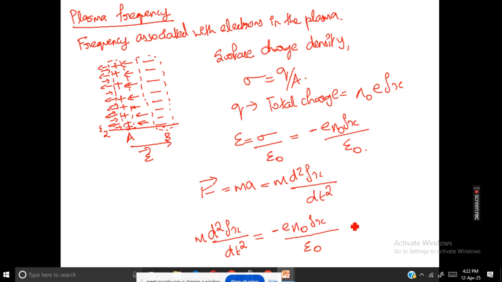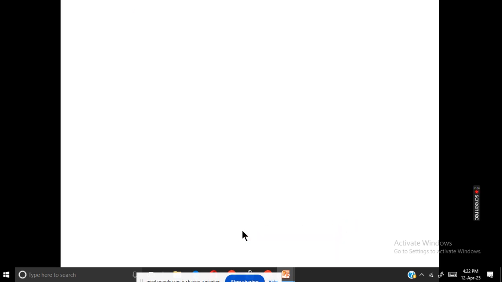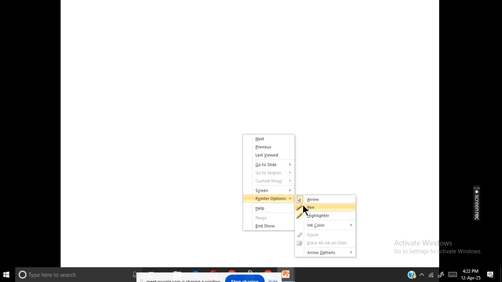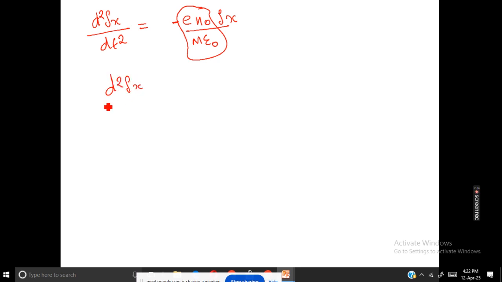So d square delta x by dt square will become minus e squared N0 by m epsilon 0 into delta x. This quantity, d square delta x by dt square is equal to minus omega p squared into delta x.